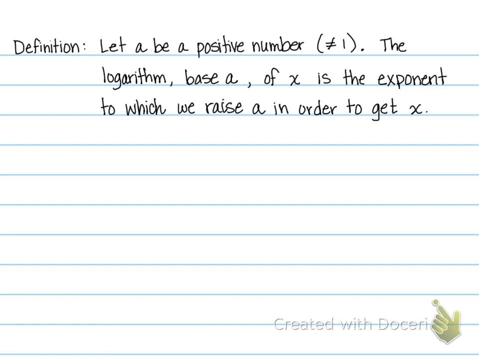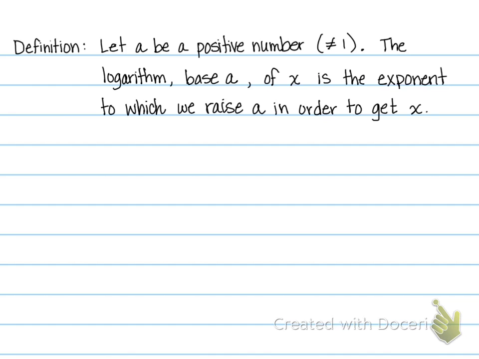Everything we do with logarithms is based on this definition. If you understand the definition of a logarithm, you can pretty much do anything with them, because we have all these great exponent rules. If you remember that the logarithm is an exponent, it says the logarithm is the exponent to which we raise A in order to get x.